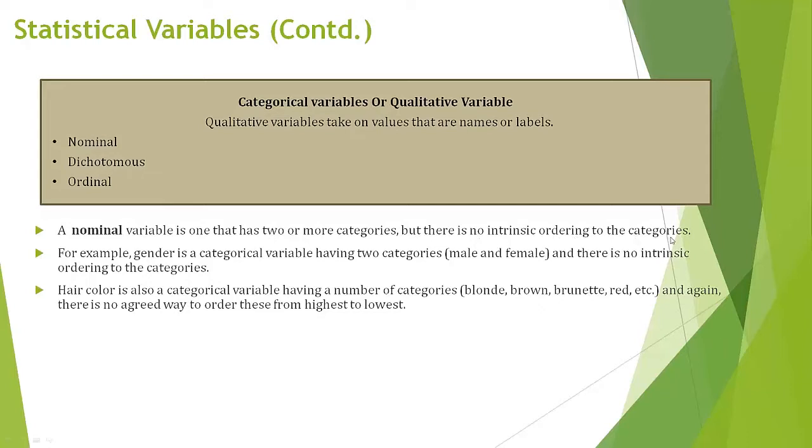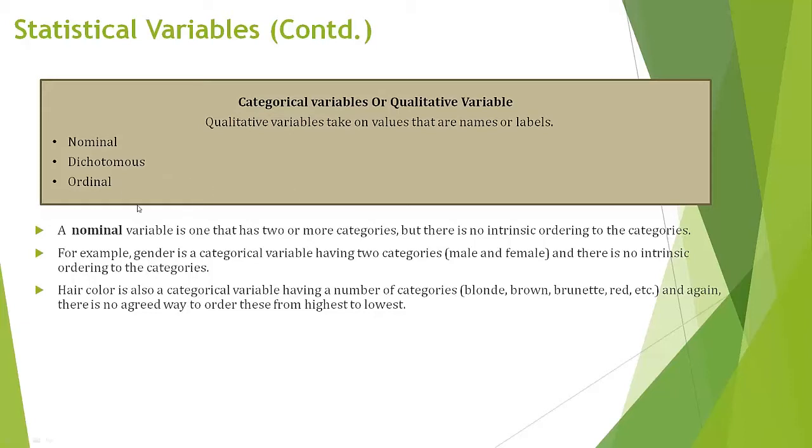For example, the categories male and female, there is no ordering there. If you take hair color, blonde, brown, brunette, red, these are all hair colors. But can you order them? Can you rank them? Which is good or which is bad or which is high or which is low? You cannot rank them. So that is another nominal variable.